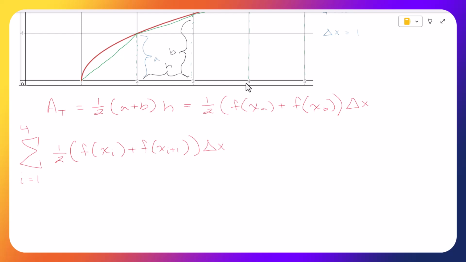And each of these is going to be a different trapezoid. And our final one, f of 4 plus f of 5.